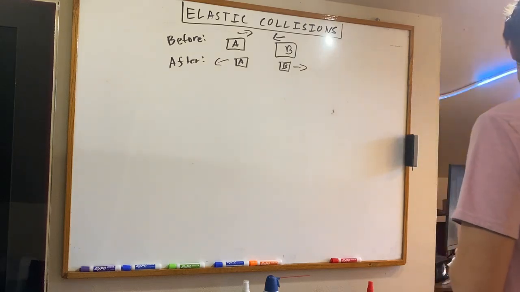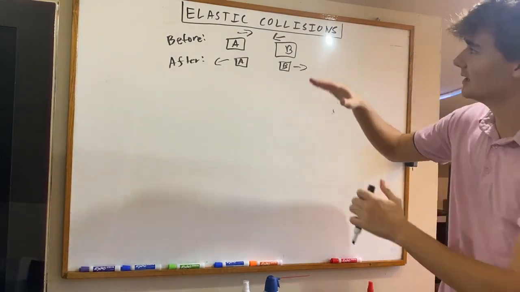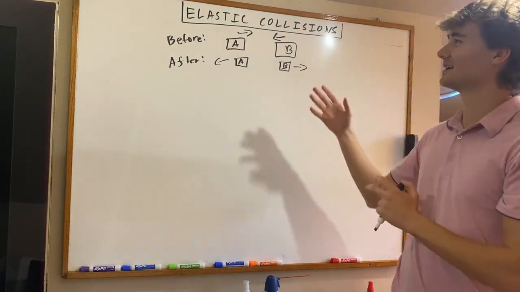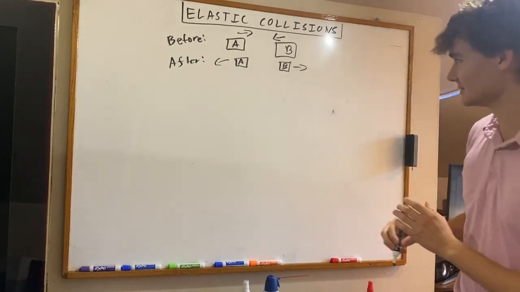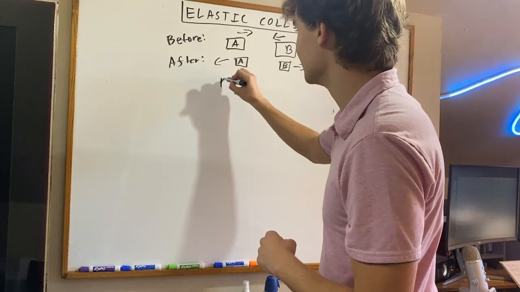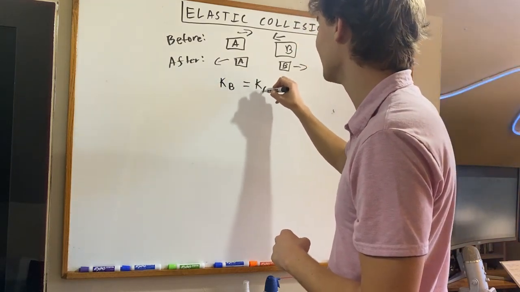The first thing that you need to remember is that with elastic collisions, energy is conserved, kinetic energy is conserved. Let's just say K before is equal to K after.